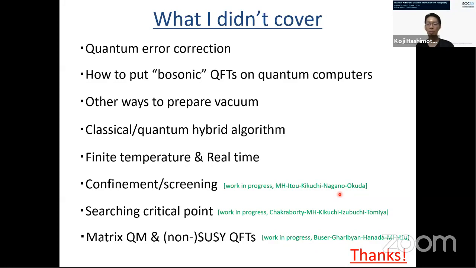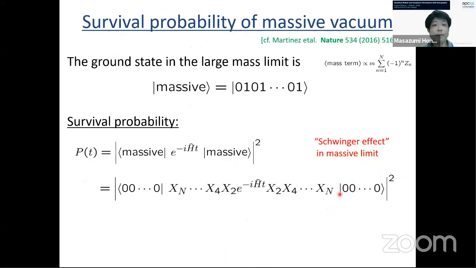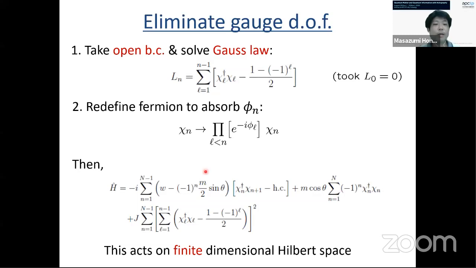The difference is that even if we apply this procedure, we have some remaining bosonic degrees of freedom. So we need some additional regularization.